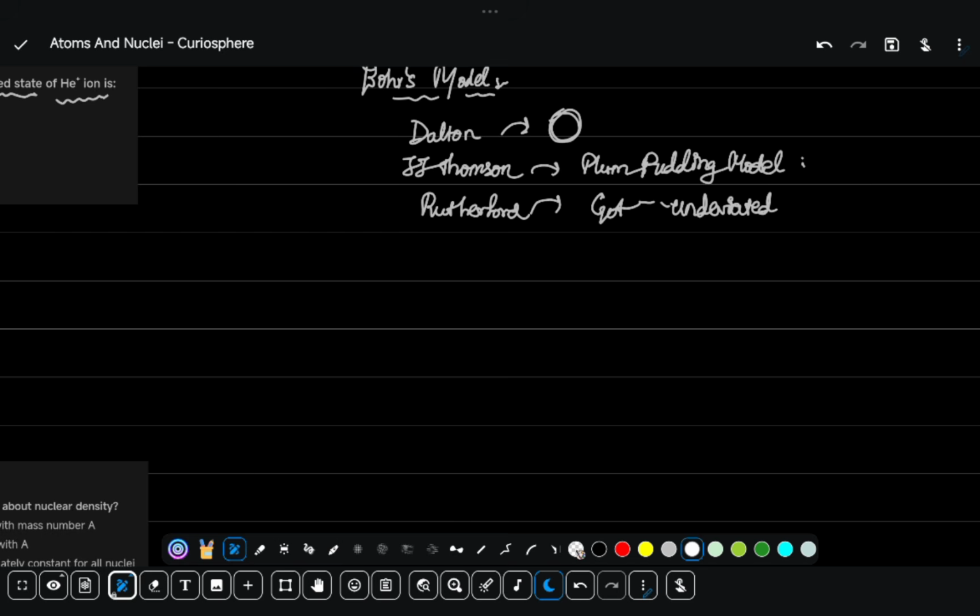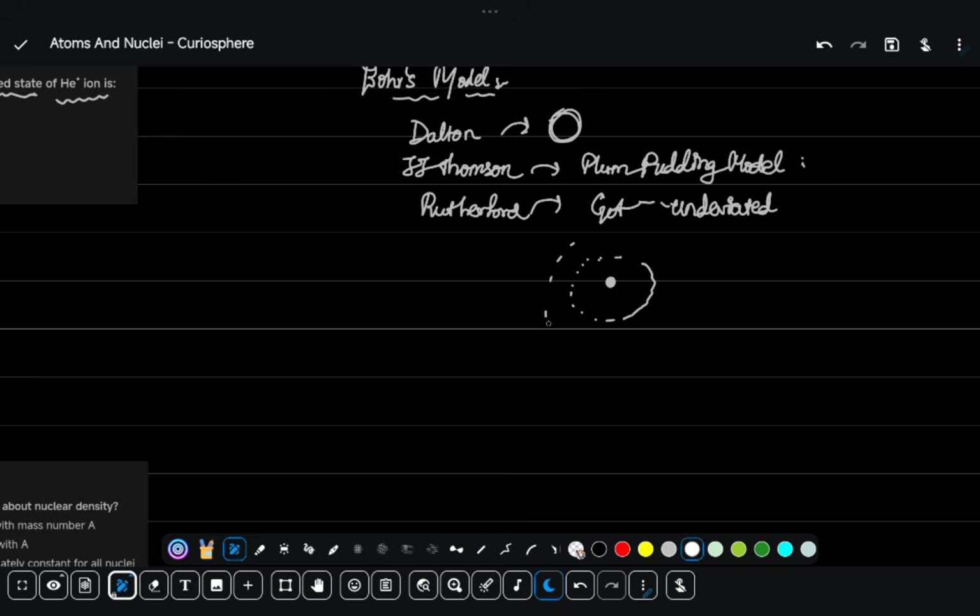Why did Rutherford's model fail? According to Rutherford, if this is the positively charged center of the atom, the electrons move in a planetary motion, similar to the planets around the sun.